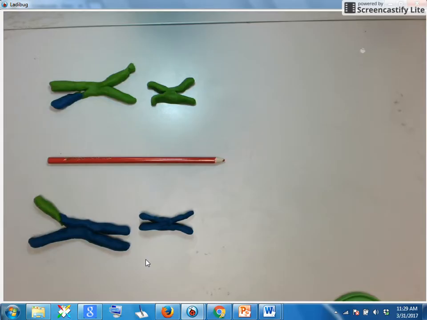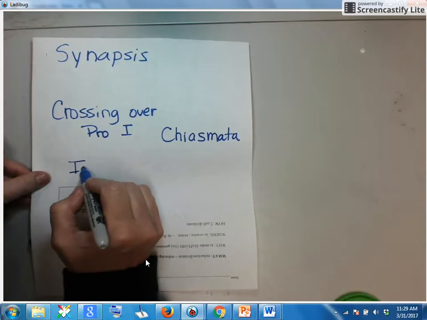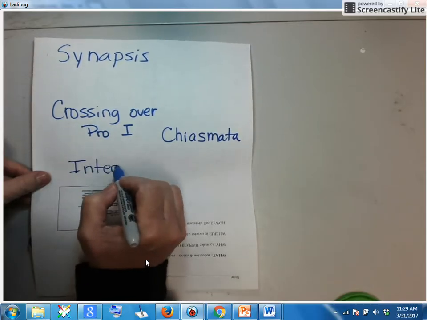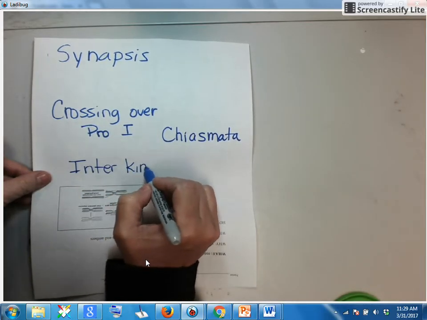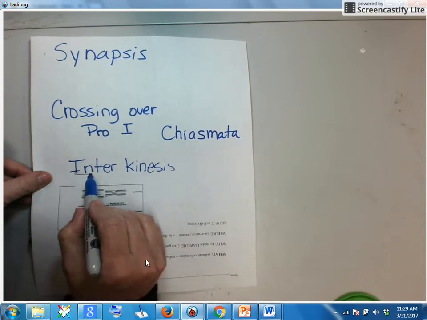All right, prophase 2. Between telophase 1 and prophase 2 is a step called interkinesis. Okay. Interkinesis.